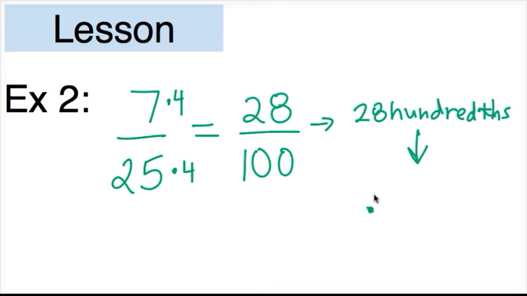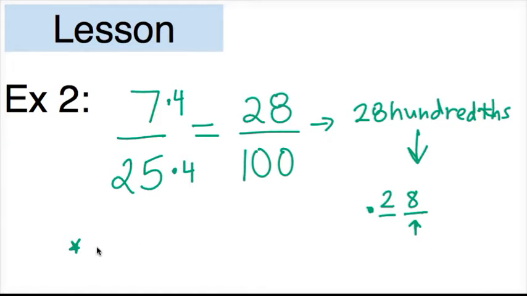Just in case you don't remember how to write decimals with the wording, whatever place you say, tenths is the first place, hundredths is the second place. So since I'm in the hundredths, I know my decimal will end here. I just so happen to have 2 digits, so my 2 digits just fall in line. But usually whatever wording, tenths, hundredths, thousandths, shows you how many digits happen behind the decimal.